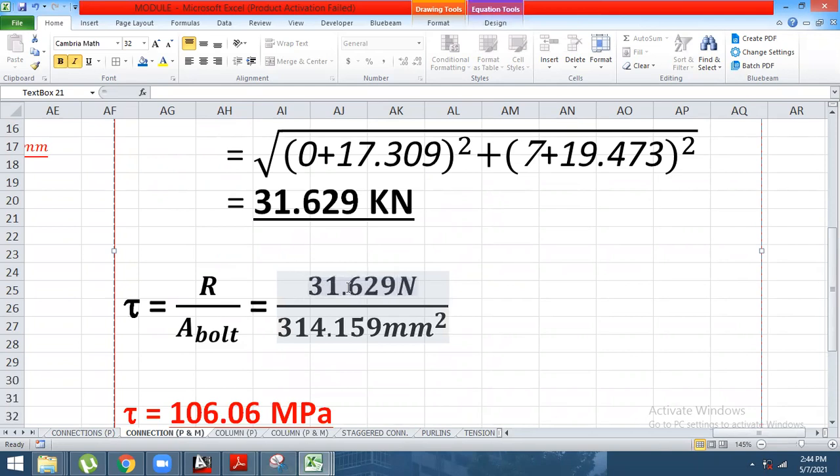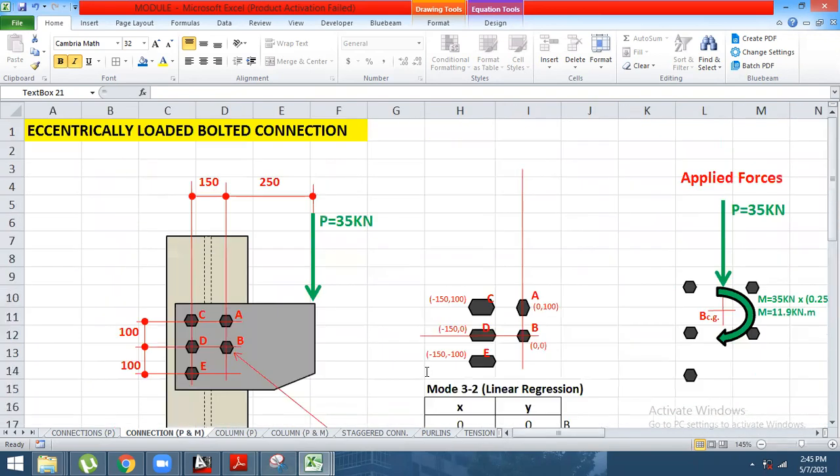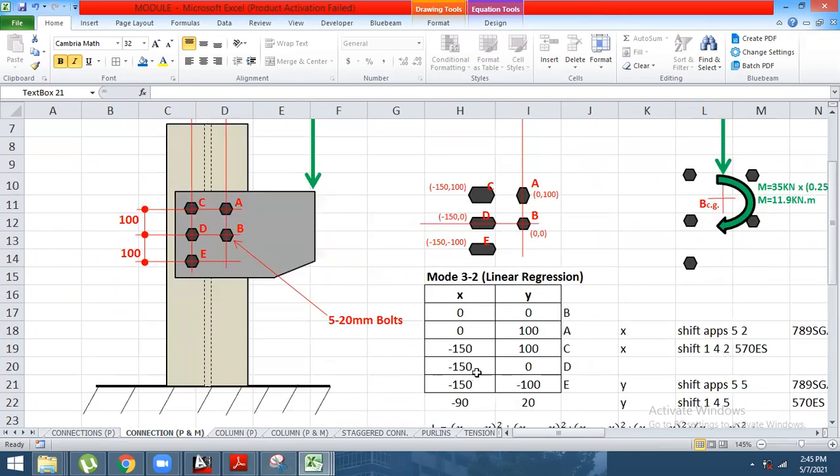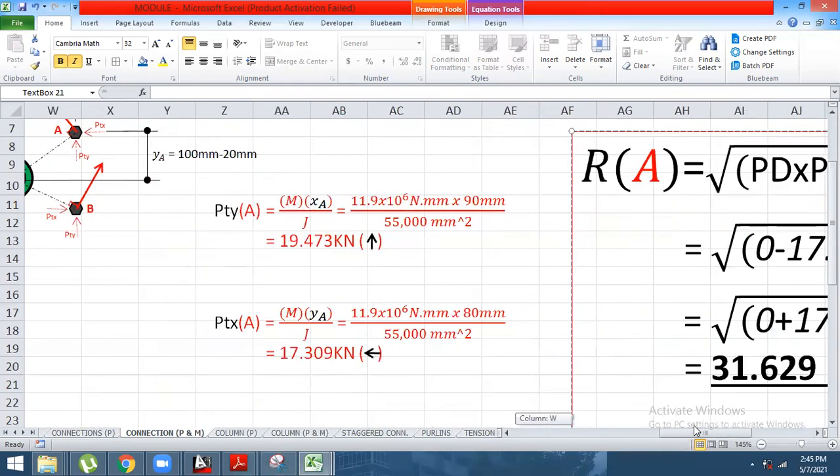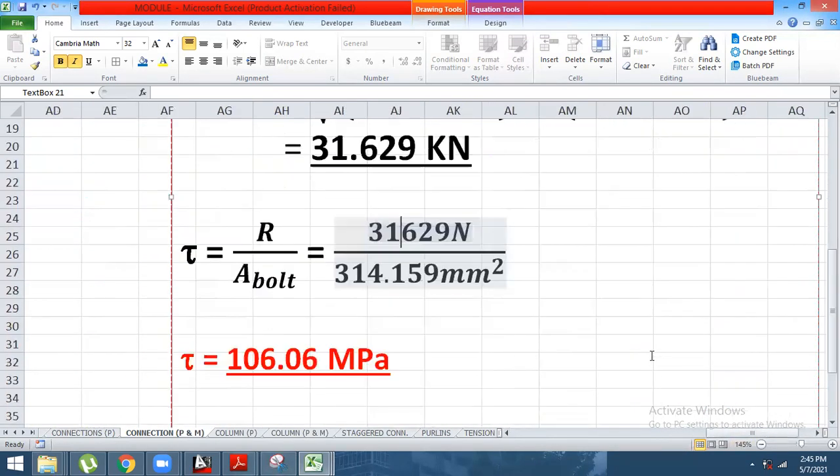That would be 31,629 Newton. So that is 31,629 times 1,000 divided by pi over 4 multiplied by the diameter of the bolt squared. The diameter of the bolt is 20 mm, so pi over 4 times 20 mm squared.